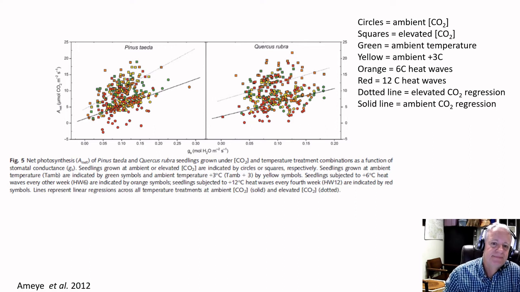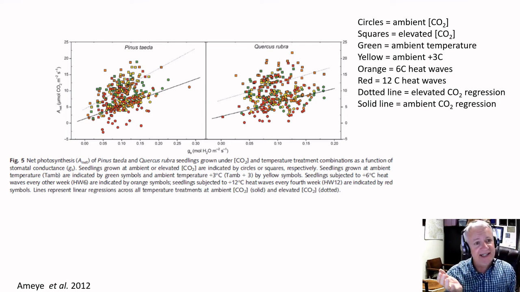Finally, there's some experiments out there that are looking at not just steady state changes in temperature, but also looking at things like heat waves. Now this is a really complicated graph and I'm not going to go into detail on it, but basically this graph summarizes some experiments in loblolly pine and red oak where they looked at heat waves.